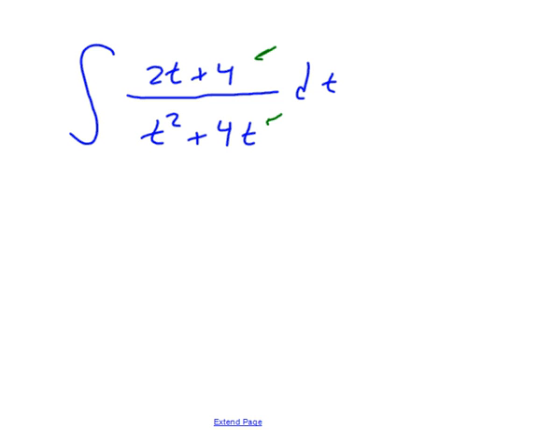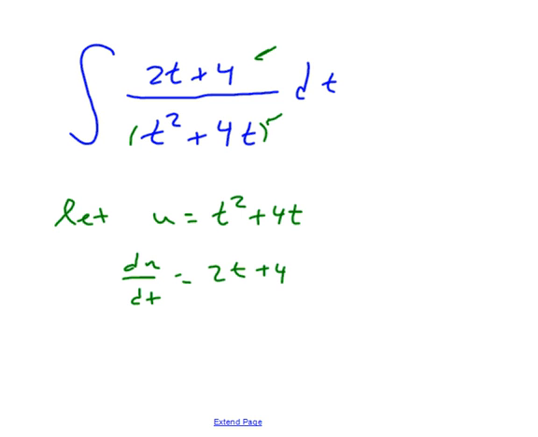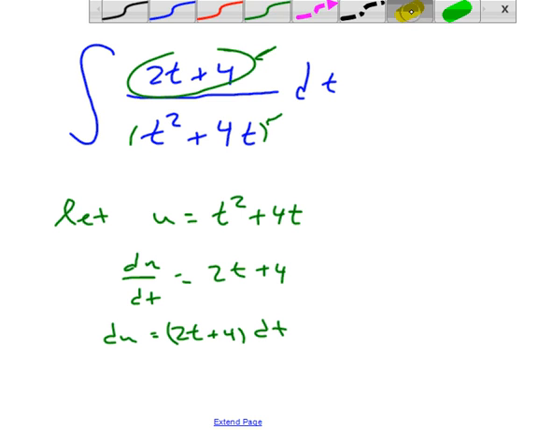So our inner function is the bottom. So we're going to let u equal t squared plus 4t, and therefore du dt equals 2t plus 4, which is the top. So solving for du equals 2t plus 4 dt, which is exactly that.